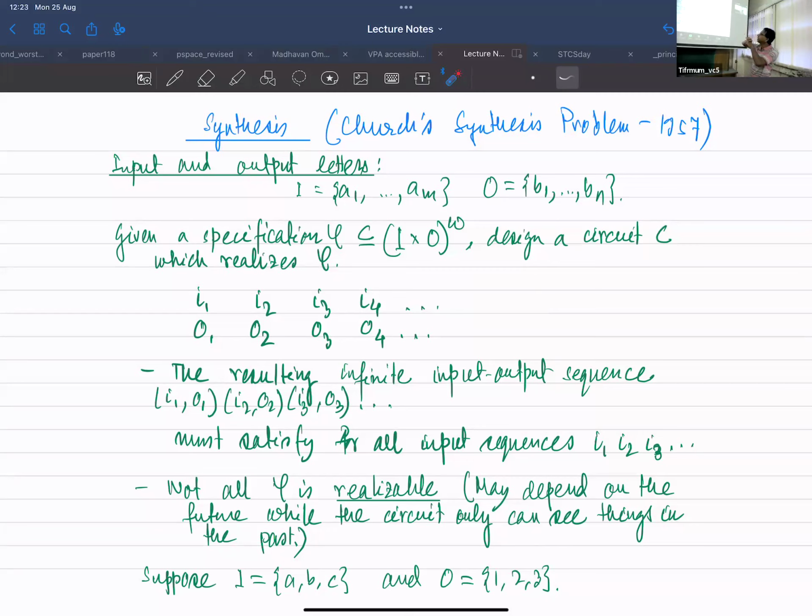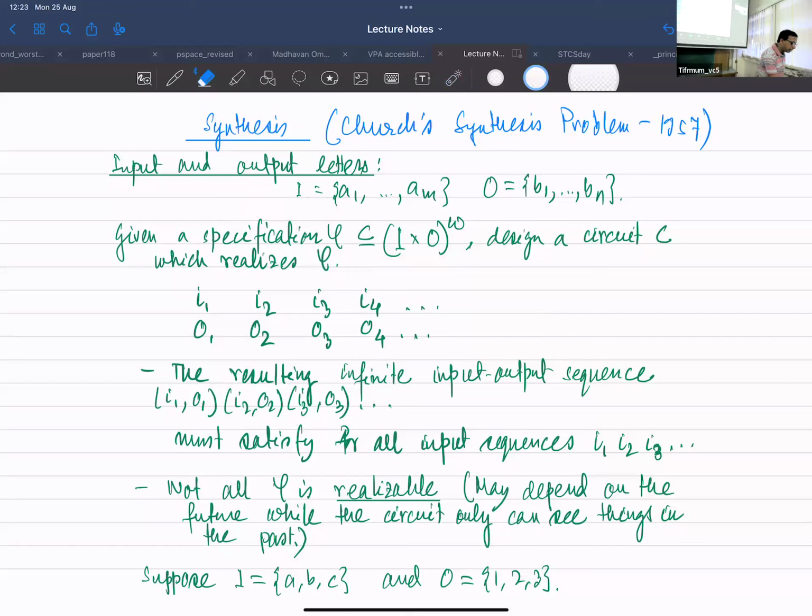Exactly this thing, like I was talking about the input and the output, right? Verification is about a system and an environment. The environment comes up with inputs, let's say I1, I2, I3, I4, etc. The specification is a language over omega words, over (input × output) omega.